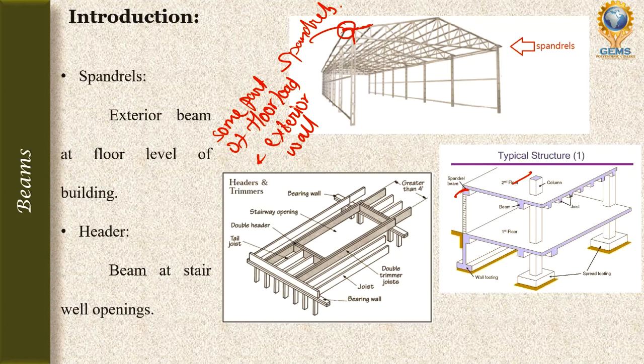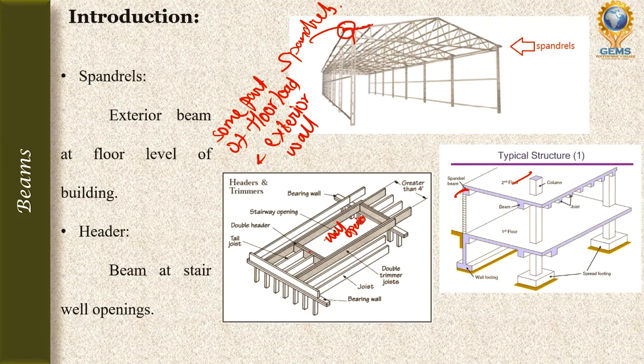Last one is header. Header is a beam at a stairwell opening. These header beams will be used when you are going for stair openings; at that place we will have a header. So see in the diagram, this part is the well opening for the staircase.